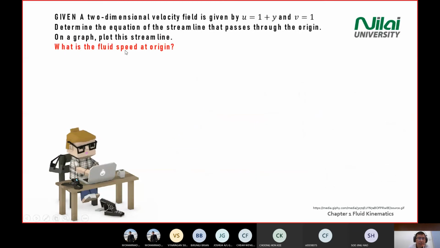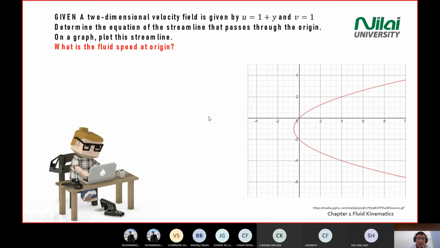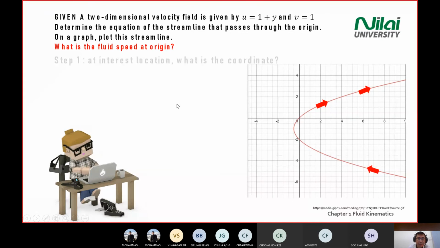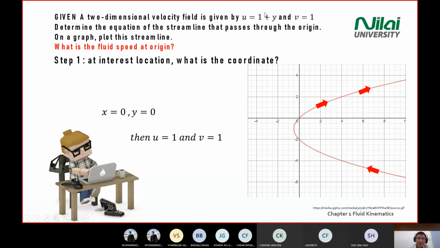Again, what is the flow speed at the origin? At the intersection location, the coordinate is 0, 0. You know x equals 0, y equals 0. Then in the equation, u equal to 1 plus y, with y equal to 0.